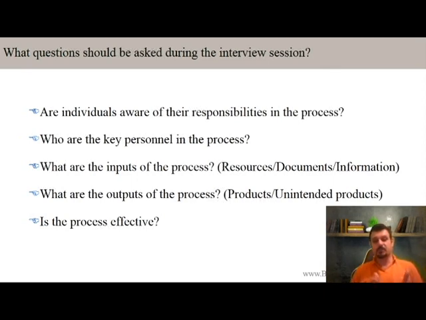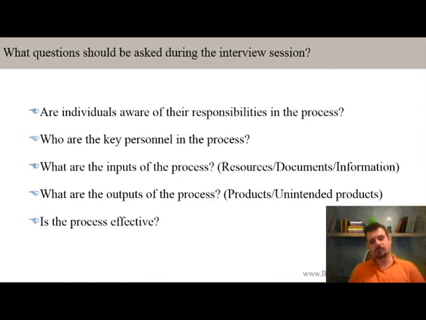After the end of these questions, we can design processes very precisely. What are the inputs of the process? Resources, documents, information, all of these things. You should be curious about that. How do you start your work? Who will help you to start? Which documents? Which information? You should be very curious about that.